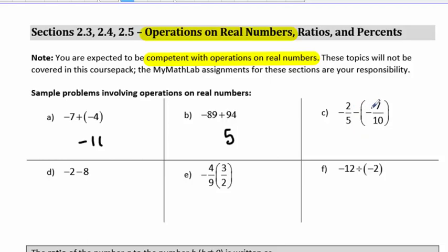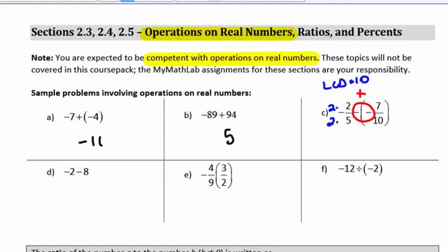we'll remember that if I have a double negative in the middle of a subtraction problem, that creates an addition. Two negatives create a positive. So this is really -2/5 plus 7/10. Now I can't add those two numbers without a common denominator. So we'll take our -2/5 and we'll need to multiply both top and bottom of that fraction by 2 to turn the denominator into the LCD, which is 10.